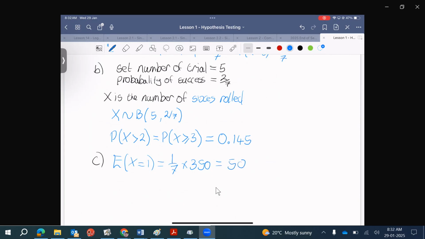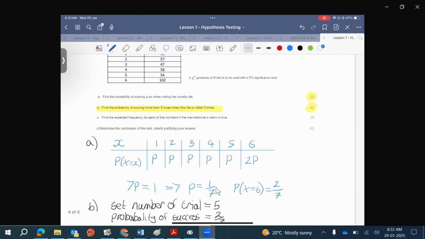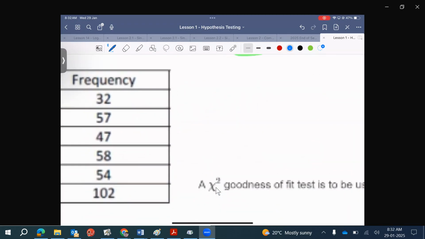So the expectation of 1 to 5 is going to be 50, and obviously the expectation of 6 is going to be 2 over 7 times 350, which is 100. So onto this table, it adds a little bit for us, doesn't it?